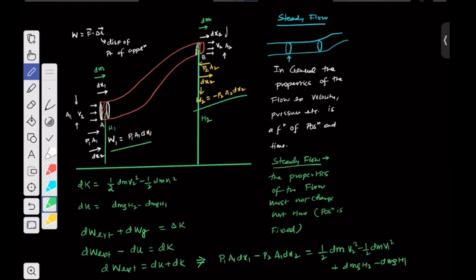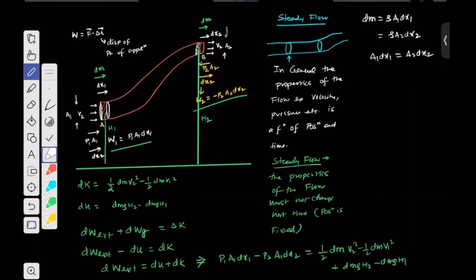Next, dm I can write as rho A1 dx1, and even as rho A2 dx2, since A1 dx1 will be the same as A2 dx2.